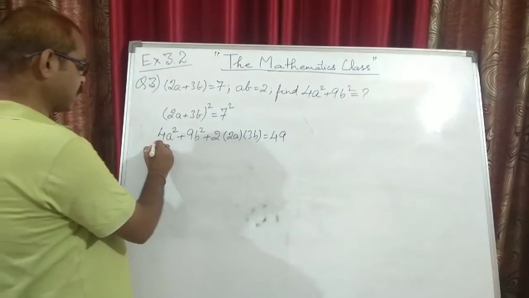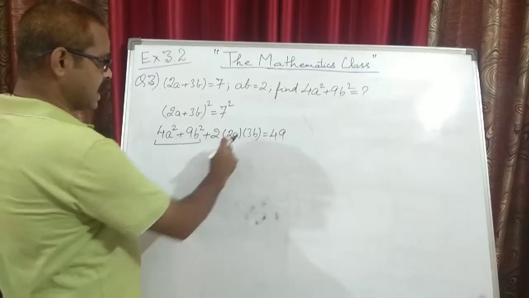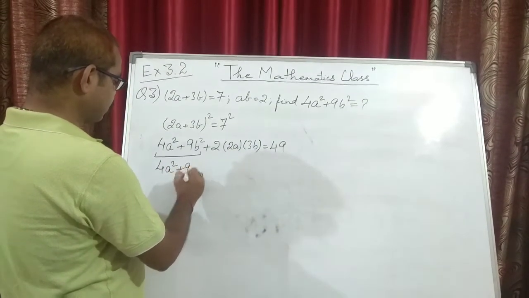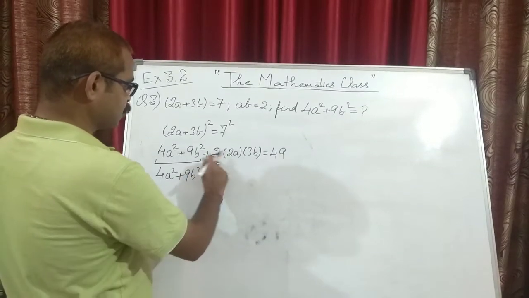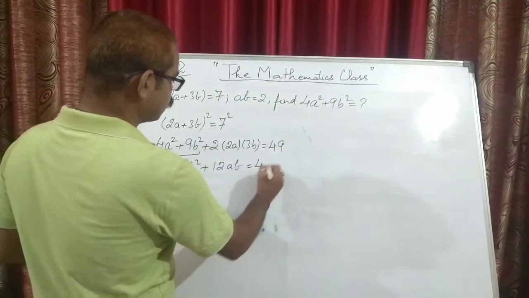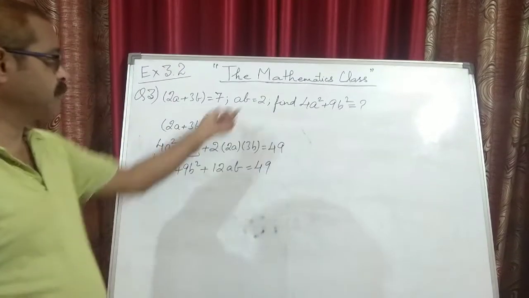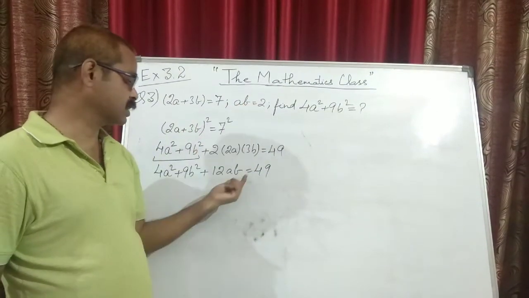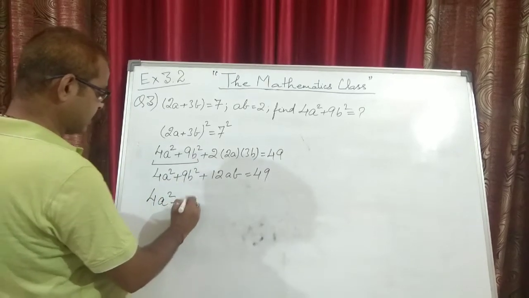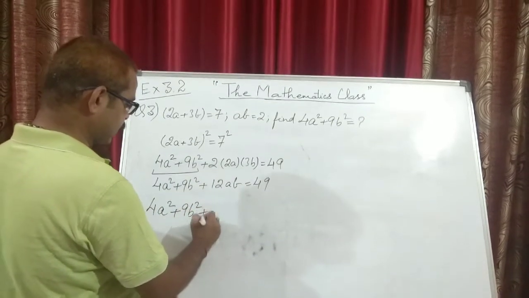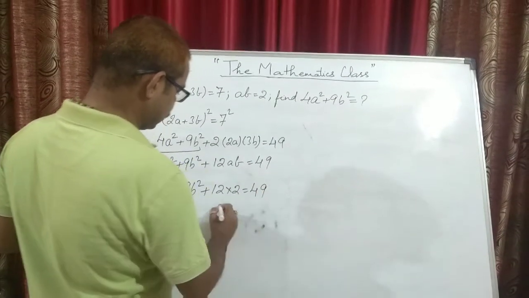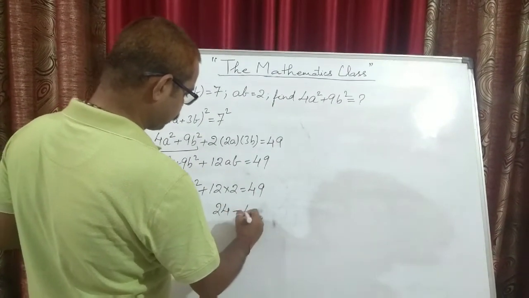I'll write it as 4a square plus 9b square plus 12ab is equal to 49. The value of ab is already given as 2, so just substitute the value 2. So 4a square plus 9b square plus 12 into 2 is equal to 49. This becomes 24.